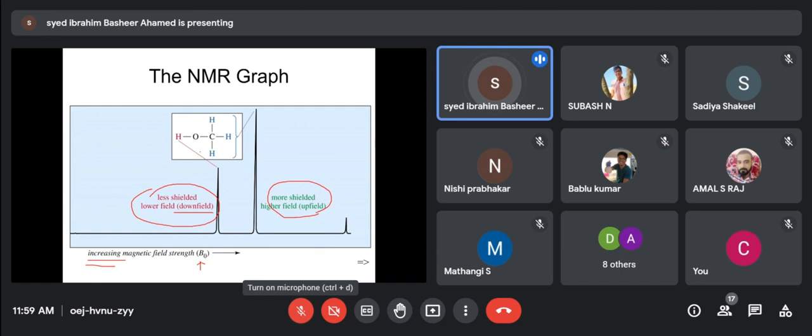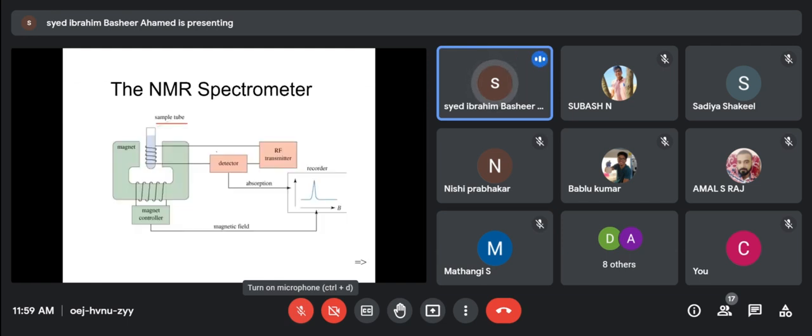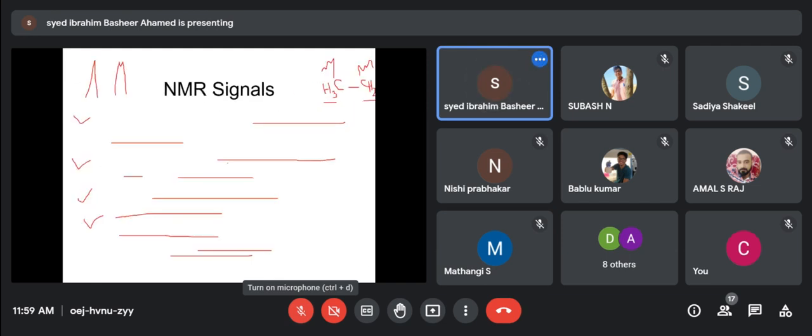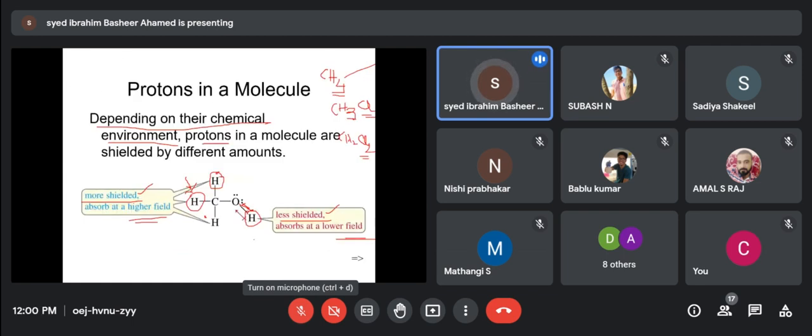Okay. So here you can see these protons are more shielded. I told you, right? In the previous slide. So here in the methanol, the same molecule, I told you these protons are more shielded because they have electrons revolving around them. Okay, because it is attached to carbon, there is no electronegativity, so the electron will be surrounding the hydrogen.